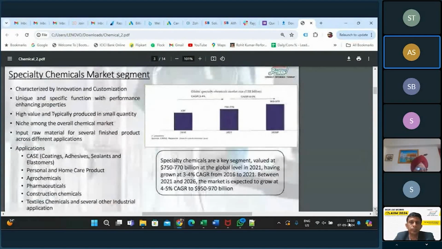Okay. So what exactly are specialty chemicals? Specialty chemicals are ingredients which go into the finished products, and they are characterized by innovation and customization. For example, there is a specific requirement from the client to develop a particular product having some unique properties.